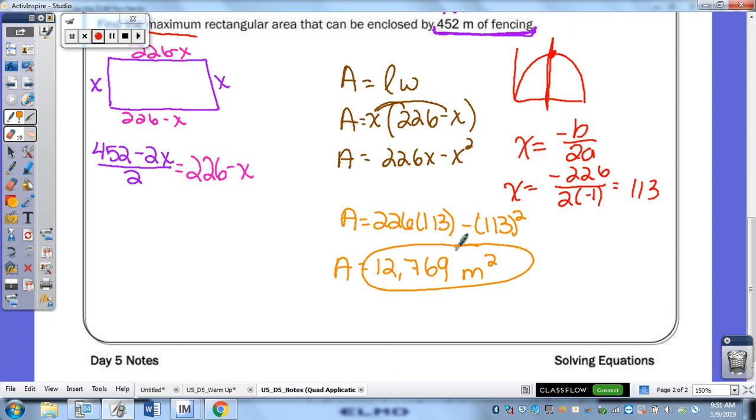So anytime it talks about maximum minimum, you've got to be thinking about this. Negative b over 2a is always how you start for that. And then usually plugging that value in helps you answer the rest of it.